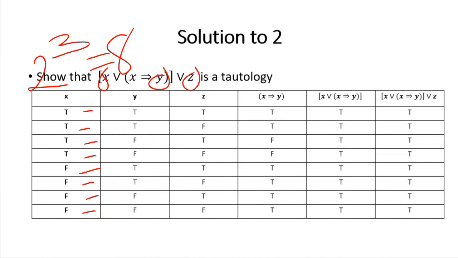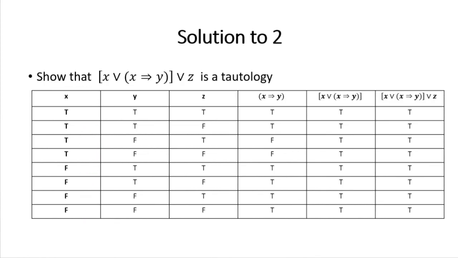Okay, so we have 3 entries, X, Y, Z. We start with the first statement, which is X, right? So we have X, Y, and Z, as you can see there. Like I said before, once we have 3, we have 8 entries. So we have T, T, T, T, 4 of them, and 4 F's.